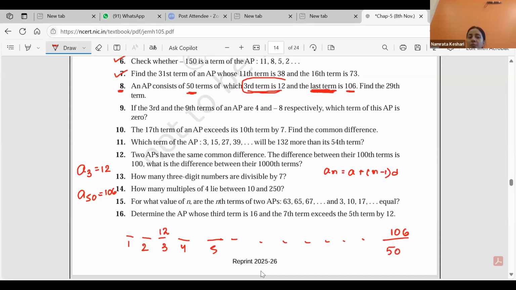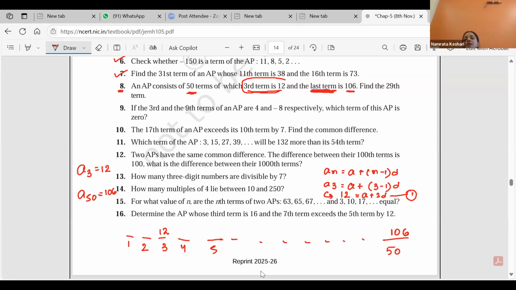You have the third term, so for a3 you take n as 3. A you don't know, D you don't know, and you end up getting a plus 2d. So a3 is a plus 2d. Your a3 value you know is 12, so 12 is equal to a plus 2d. One equation you end up getting.